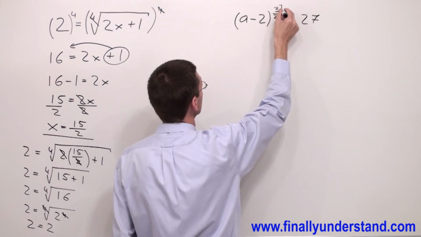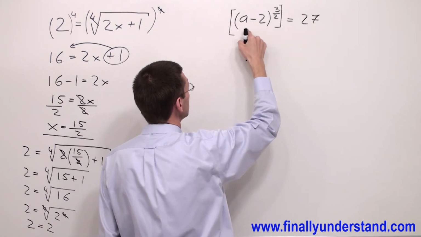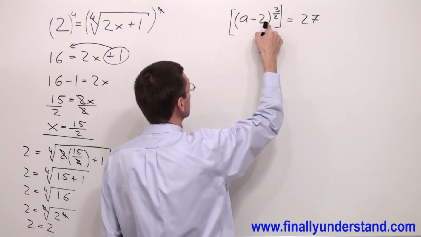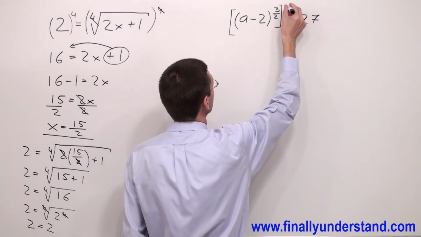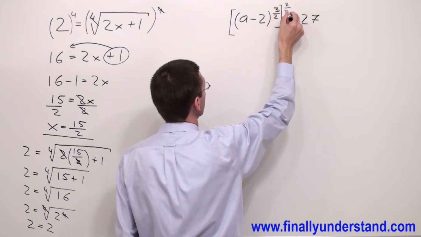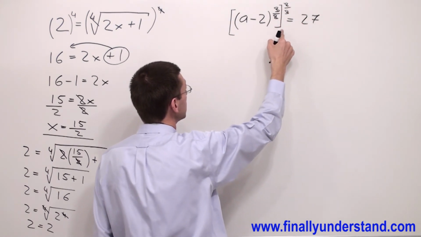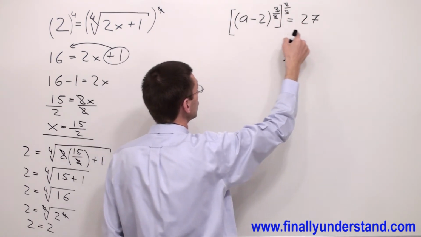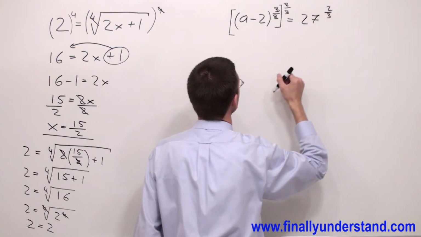So what I'm going to do, I'm going to raise this term to the reciprocal of my fraction. Take a look. 3 and 3 will cancel out. 2 and 2 will cancel out. Whatever I did to my left side, I have to do also to my right side. So I have 2 over 3.